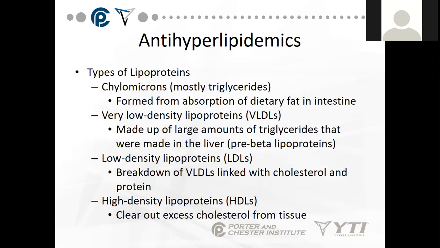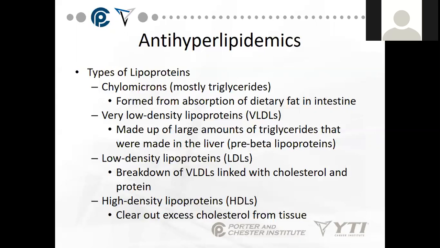So when you're looking at the categories, the common HMG CoA reductase inhibitors are your statins. Those are your drugs that fall under statins, and you have a whole bunch of those. One of them is Lipitor, and you have the Pravachol, and your Crestors and your Zocors. All of those are statins.